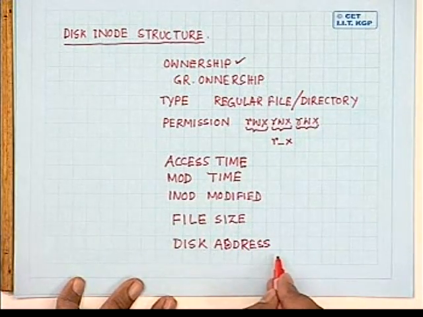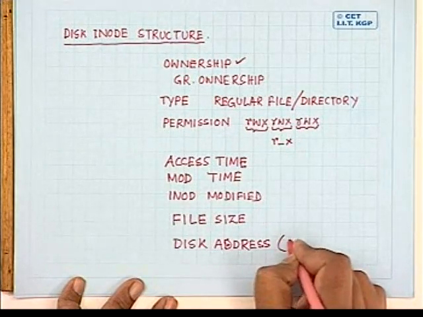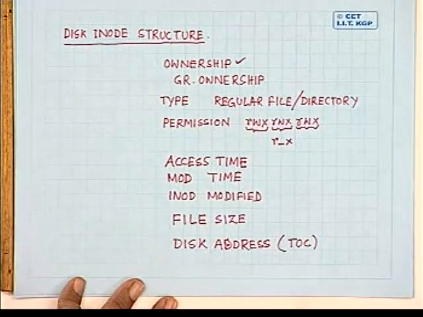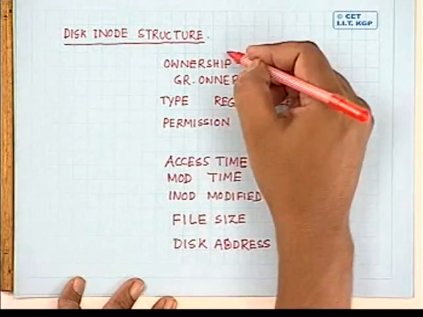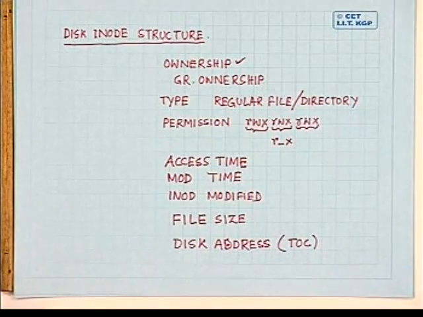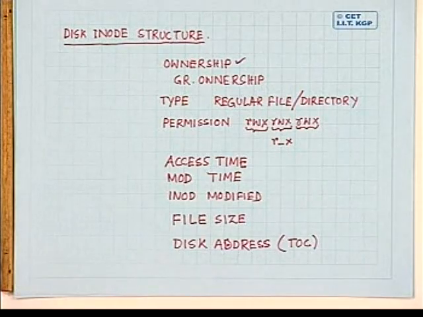So these are the block addresses of the different data blocks of that file, and this is also called the inode table of contents, or TOC. All this information of a particular file or directory will be contained in the inode, and these are the fields of a disk copy of the inode.